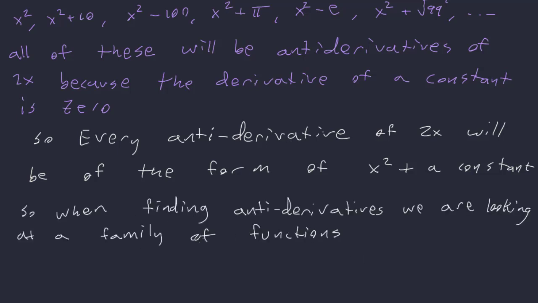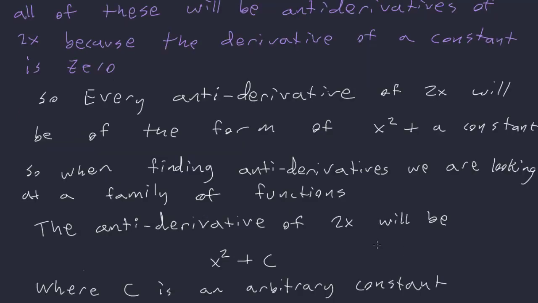So what we're actually showing is a representation of what every antiderivative will look like. In this case, the antiderivative of 2x will be x squared plus c, where c is an arbitrary constant. Whenever we're looking for antiderivatives, this is what we want to end up with.